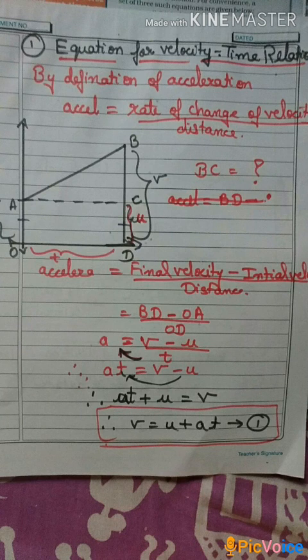Therefore, it can also be written as at + u = v. When you move the minus u to the left-hand side, it becomes plus u. That can be written as at + u = v. Therefore, we get the first equation as v = u + at.